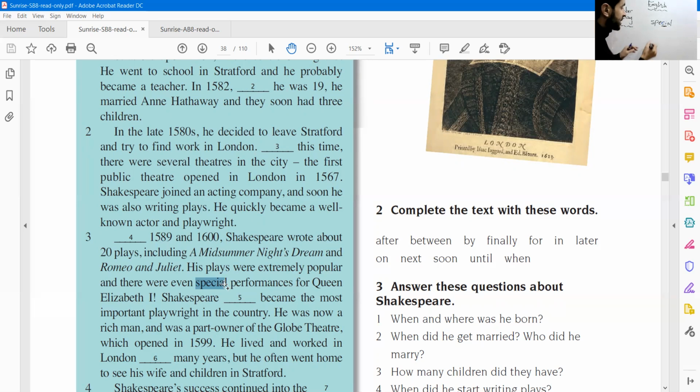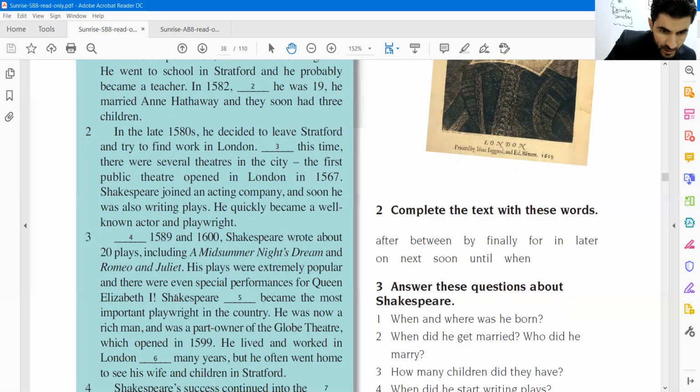Okay, like this one, ancient. So ancient, again, CI is pronounced as sh. Okay, so special performances for Queen Elizabeth I.